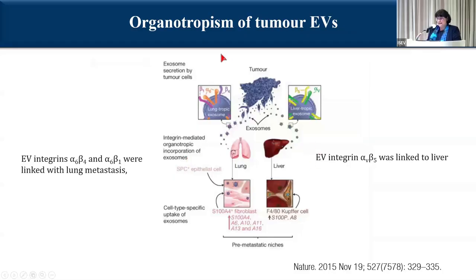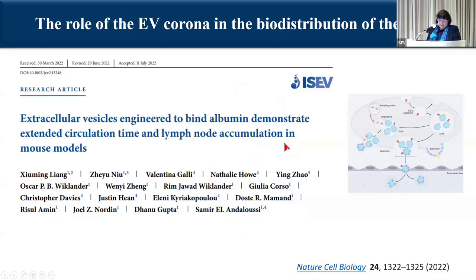Everybody knows about the classical experiment of David Lyden's group, where the organotropism of tumor EVs has been shown to be related to EV surface integrins directing either lung or liver-directed organotropism of vesicles. And I would like to also, again, refer back to the EV corona.